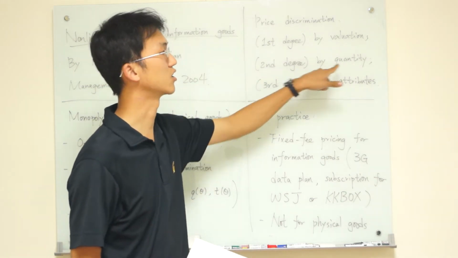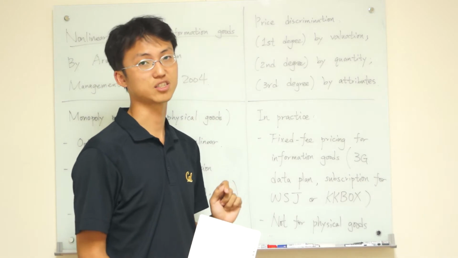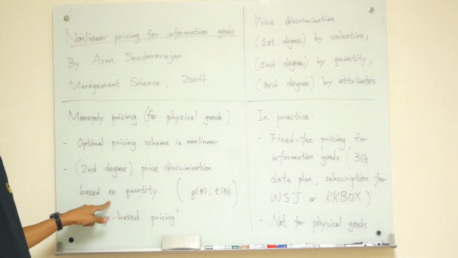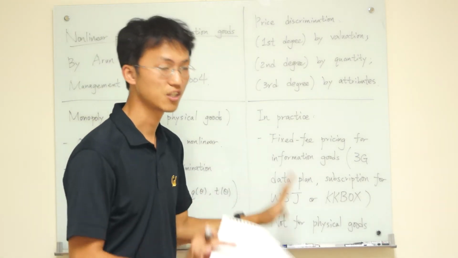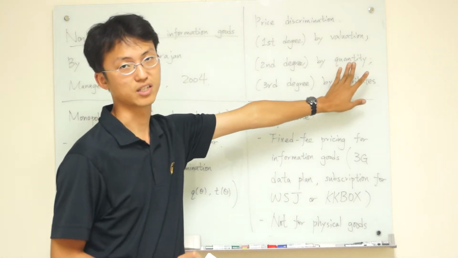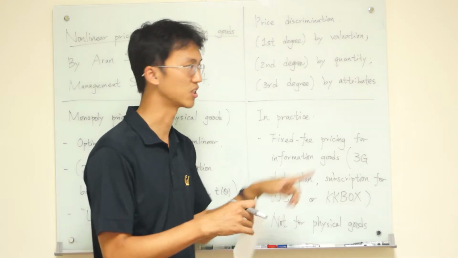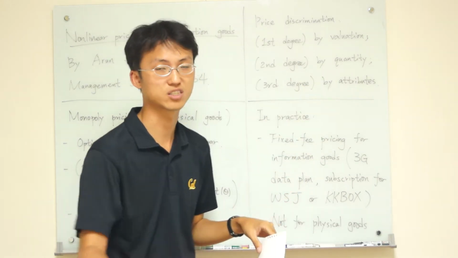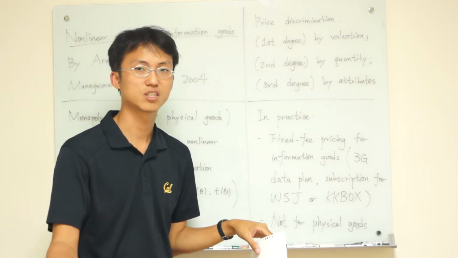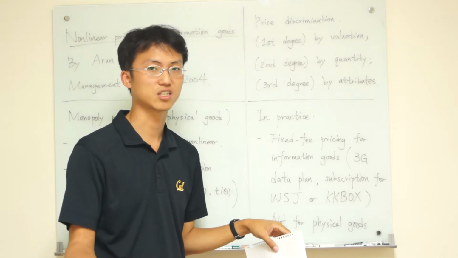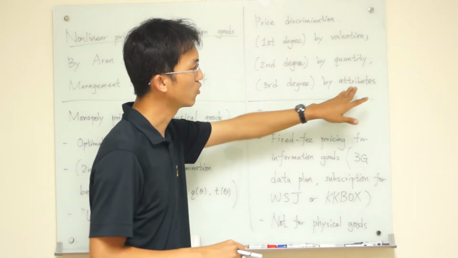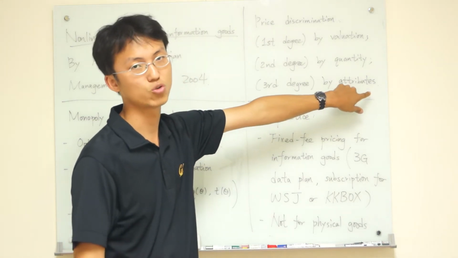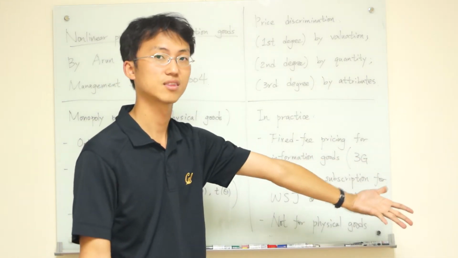That's called second-degree price discrimination, something we did for monopoly pricing for physical goods. If that's also impossible, in some situations, for example, if you are selling a musical ticket or a movie ticket, or airline tickets, for those products, no one wants to buy more than one, right?